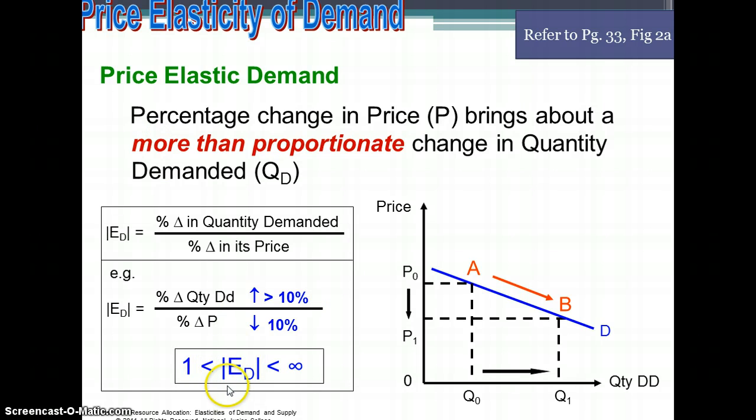Therefore, the absolute value of the price elasticity of demand is in between 1 and infinity. The absolute value. So remember, we drop the negative sign by convention, so we refer to the absolute value over here.